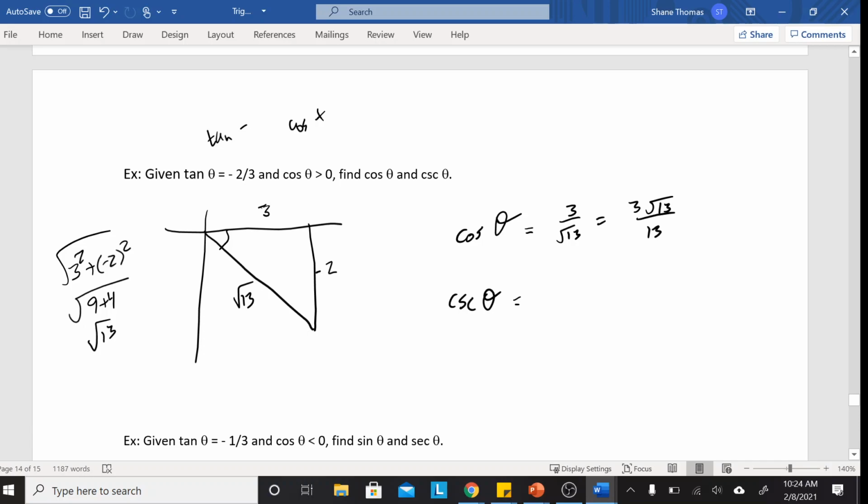Cosecant is just the opposite of sine, or by definition, it would be r over y. R in this case is root 13. Y is my -2. You can also look at it as hypotenuse over opposite. So these will be my two values here and here. Questions so far?